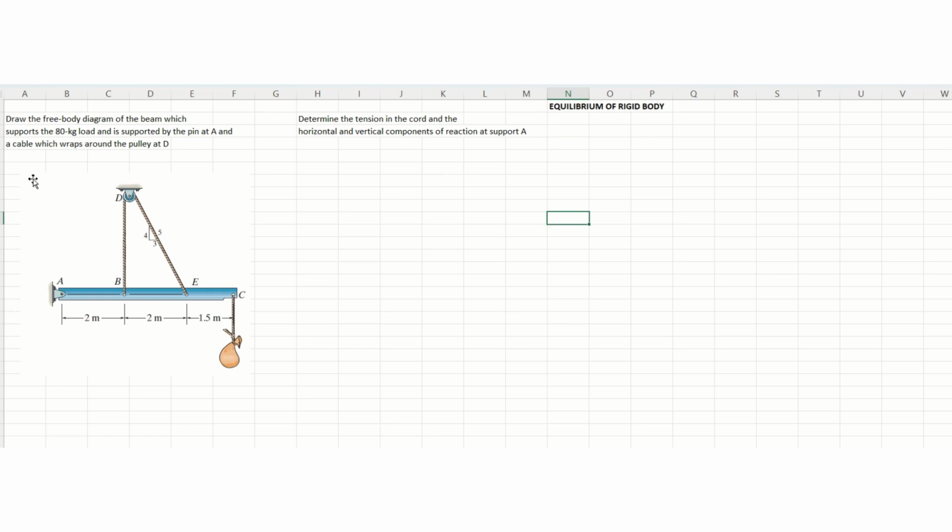That means this diagram will be in equilibrium conditions, no movement. The equilibrium of a rigid body means sum of Fx equal to 0, sum of Fy equal to 0, sum of moment equal to 0.